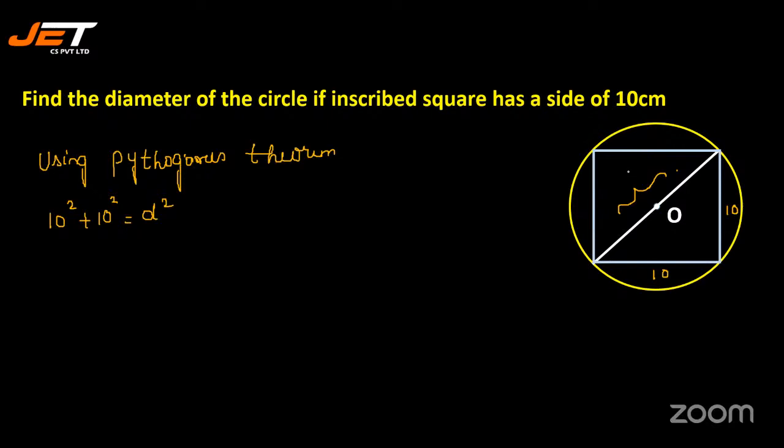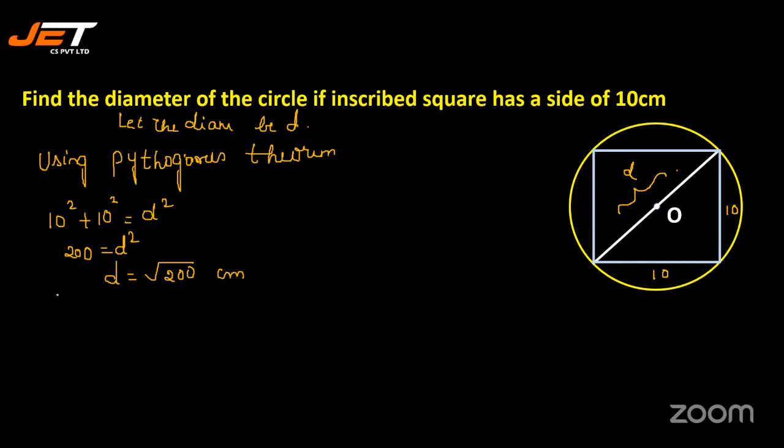So let's assume this to be d. Okay. So let the diameter of the square be d. So 10 square plus 10 square is d square. So 100 plus 100 is 200, which is equal to d square. D will be root 200.